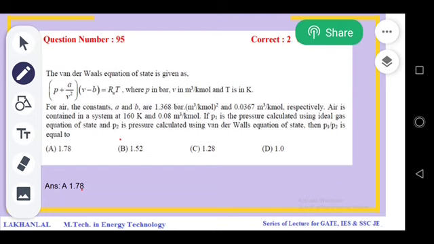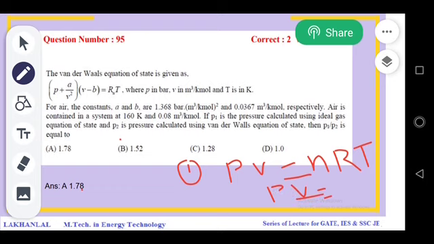So first, you calculate the pressure using the ideal gas equation. The ideal gas equation is PV equal to nRT. Volume is given in terms of molar volume, so PV is equal to RT.